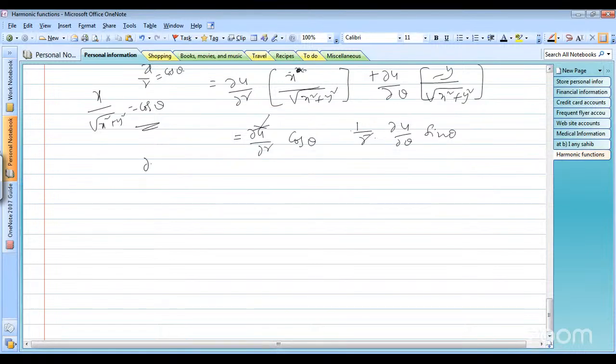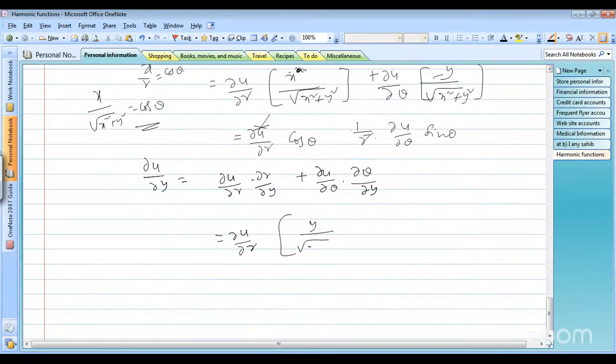So therefore, dou u by dou y, because again I'm taking y function here, is dou u by dou r into dou r by dou y, plus dou u by dou theta into dou theta by dou y. So this is the simplification of dou u by dou r, then again y by under root of x square plus y square, plus dou u by dou theta, that is x by under root of x square plus y square.